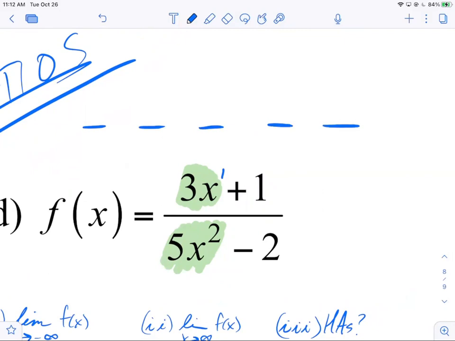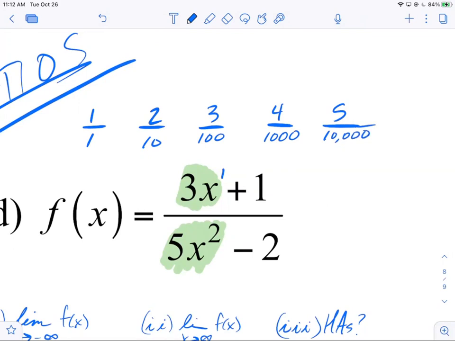But let's make the numerator grow slowly, like 1, 2, 3, 4, 5. Everyone agree that that's getting bigger up there? Let's exaggerate the denominator. Let's make it grow faster: 1, 10, 100, 1,000, 10,000, increased by a factor of 10.